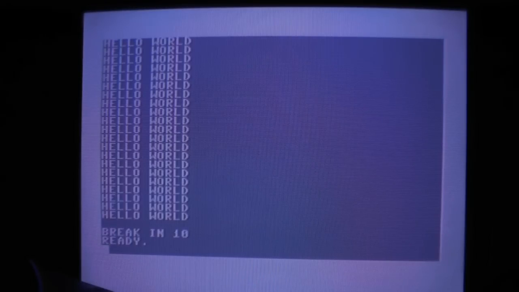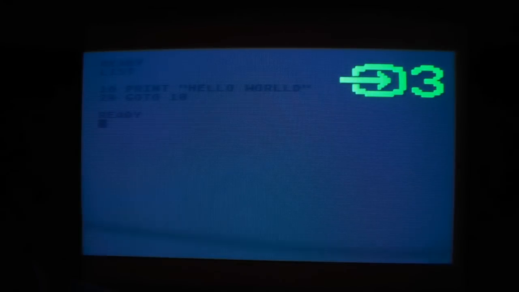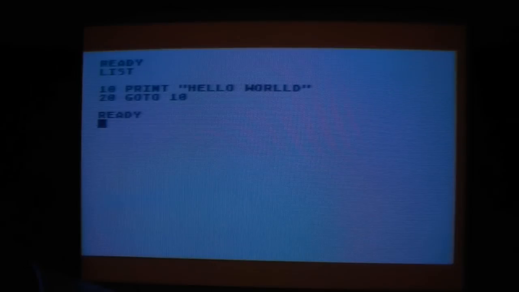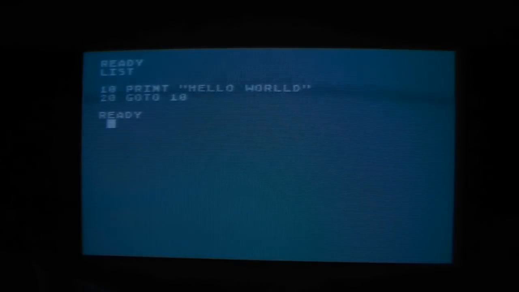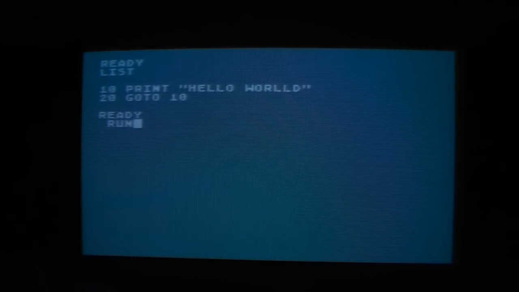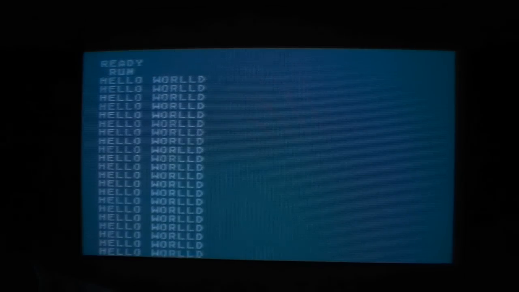So yeah, let's have a look at the Atari. And that's one feature of the Atari. It does have sort of a screensaver. So it looks like that, and yeah, hello world.